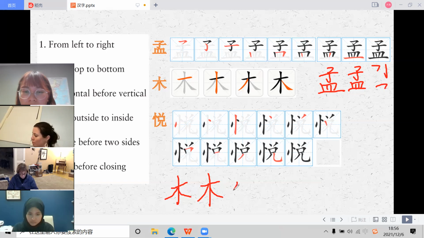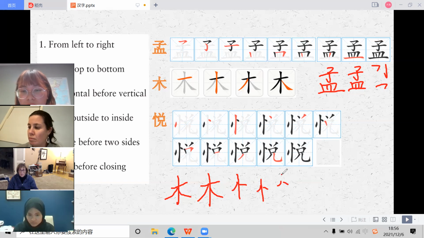This one means heart, but it is different from outside to middle or middle to 2 sides. It's from 2 sides to middle. So this is also a special one.